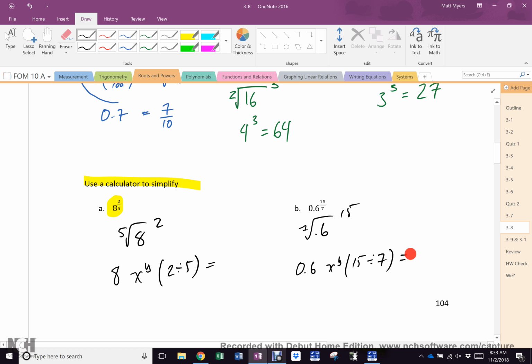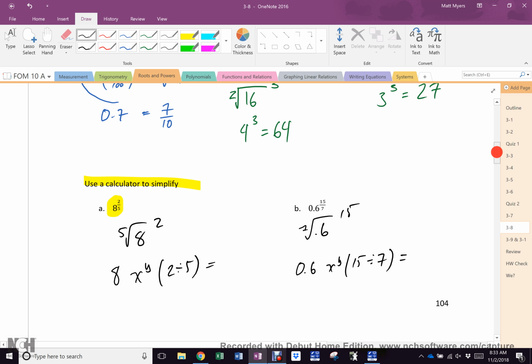I don't care what it is. What's the point? If you have to use your calculator, you use it. If you don't, you don't. Okay? This is like 0.1013 or some such. I don't care. 0.33. Great. Everybody good? All right.